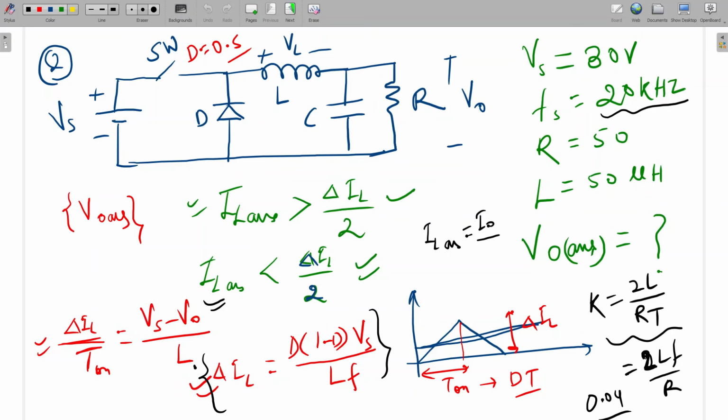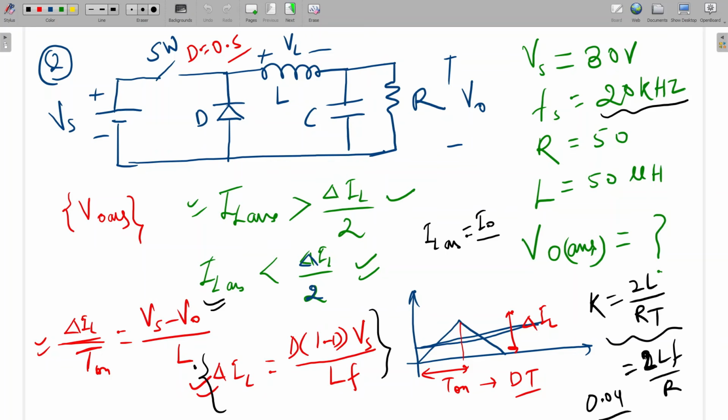Can you check? 50 milli in place of 50 micro. If we are putting milli there, what will be the K value? K I am getting as 0.4.